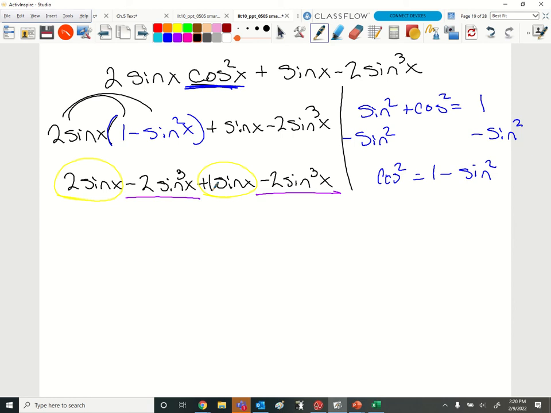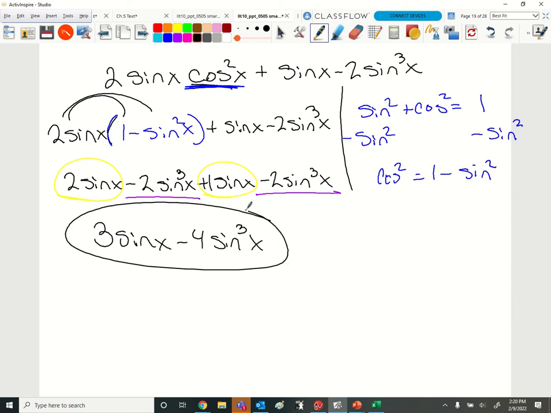So how many sine x's do we have? 3. So it's going to be a 3 sine x. And we had minus 4 sine cubed x. Again, you could have stopped earlier as soon as the cosines were gone and the double angle and triple angle were gone.